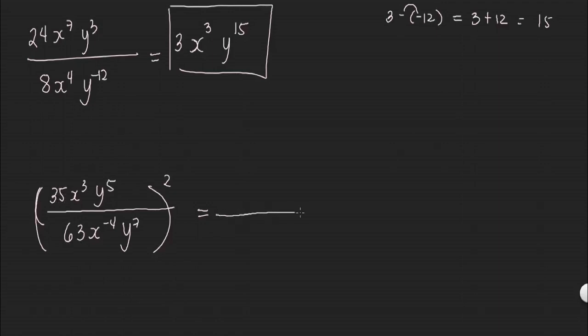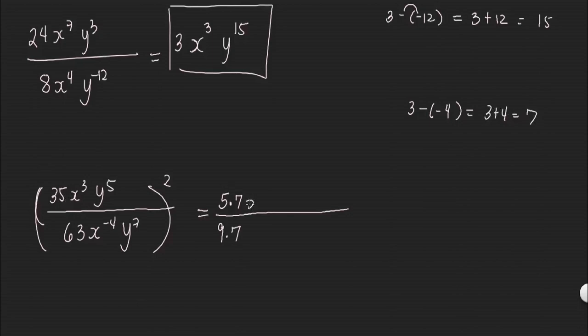So, tignan natin ang factor ng 35. 35 is also equivalent to 5 times 7. 63 is also equivalent to 9 times 7. Then yung x naman, and y. X cubed divided by x to the negative 4. So 3 minus negative 4. Same thing happened here. So we have 3 plus 4, and that is 7. Okay, positive 7 ang sagot.